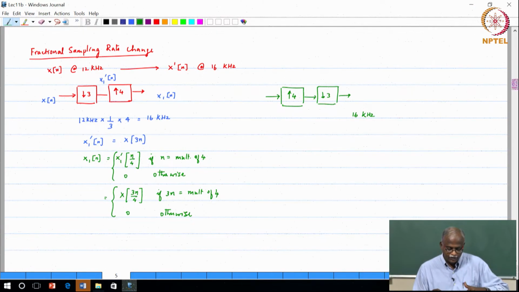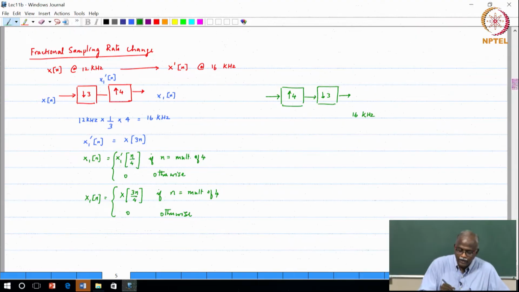So x1 prime of n by 4 if n is a multiple of 4 is x of 3n by 4 if n is a multiple of 4. I have not changed the condition. In this particular case, just be careful. So this is the final expression for x1 of n.